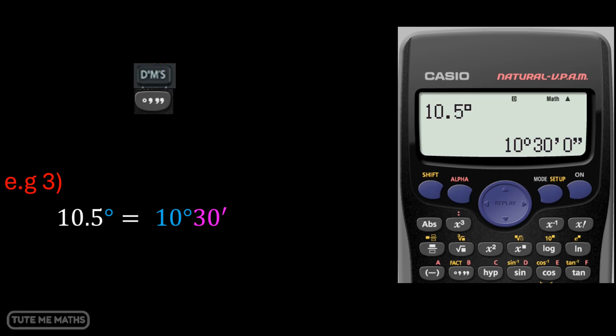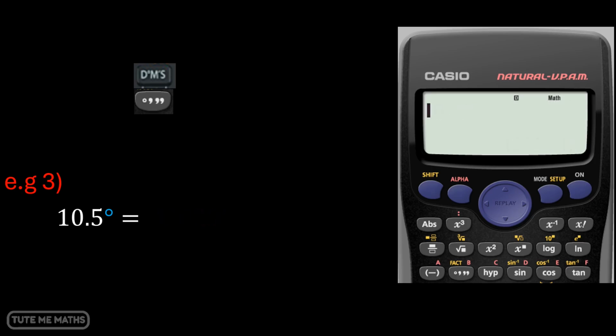I haven't written the 0 seconds because we usually only require answers correct to the nearest minute. However, if you wanted to show the greater accuracy in this instance, you would simply include the 0 seconds like this. There is another way to get the answer. This time, just type 10.5 and equals.